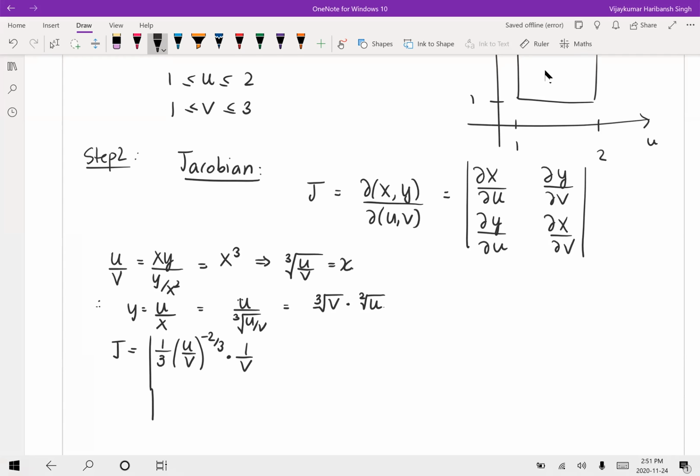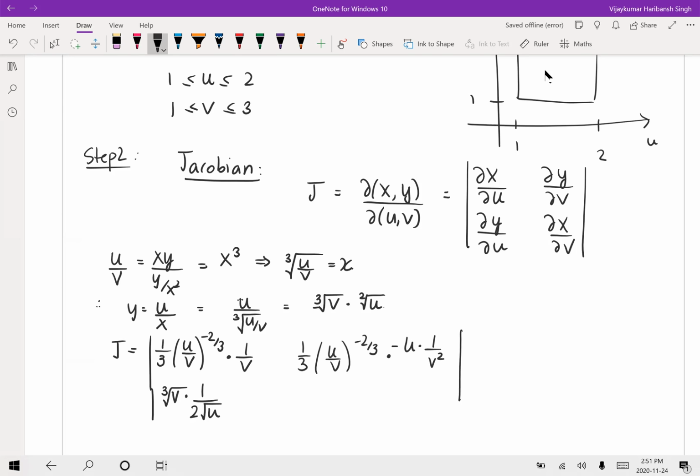In this case, the partial derivative of y with respect to u can be written as cube root of v times 1 by 2 root u. Then we have the partial derivative with respect to v, which is going to be again 1 by 3 u by v to the power minus 2 by 3 times the derivative of the inside with respect to v. So it's going to be u times 1 by v squared with a minus sign.